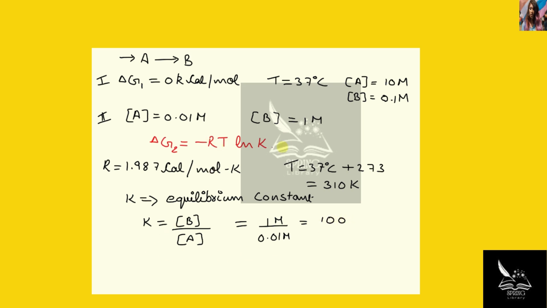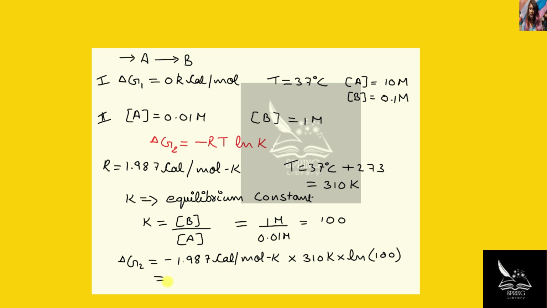Now let's put the value over here. Delta G2 is equal to minus R, which is 1.987 calories per mole per Kelvin, multiplied by the temperature, which is 310 Kelvin, multiplied by ln of K, which is 100. So now let's calculate it.